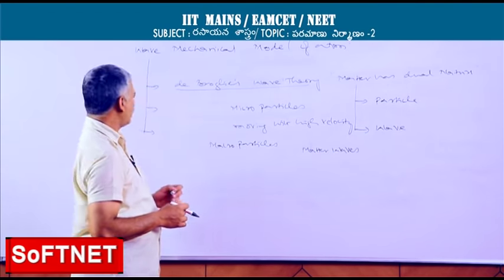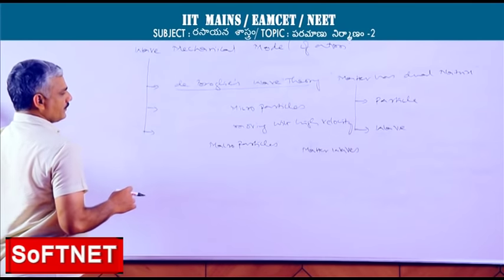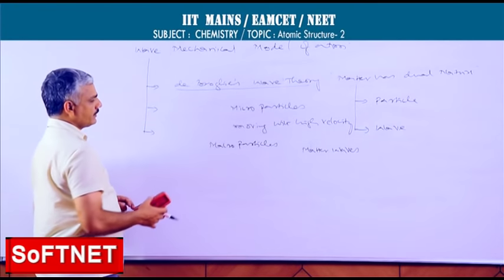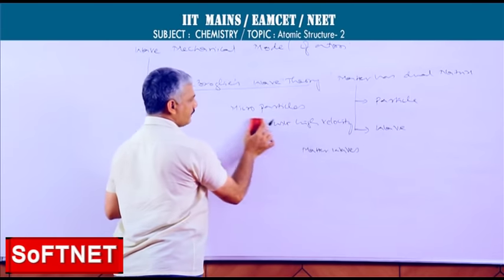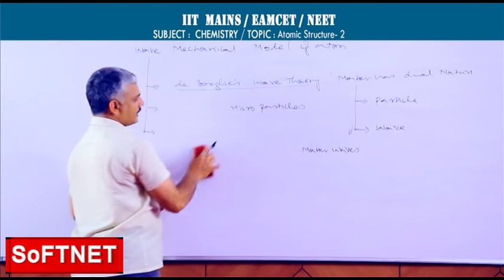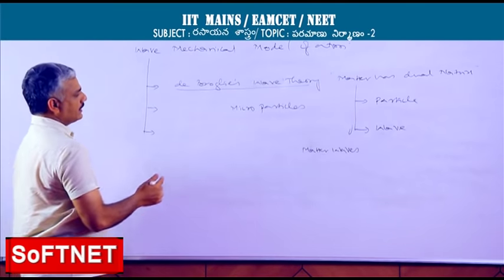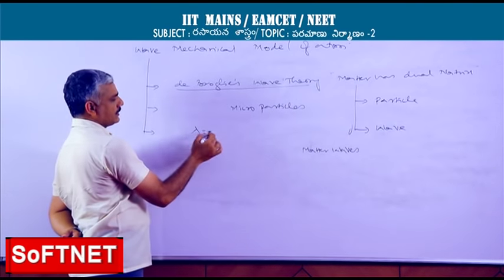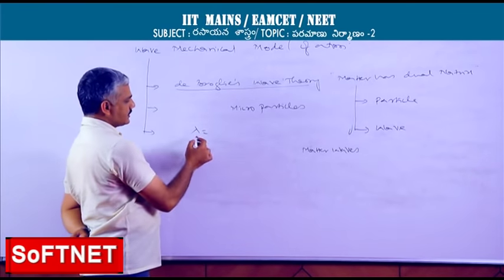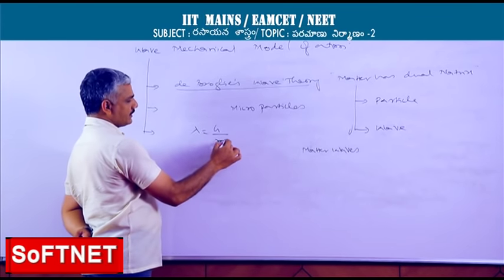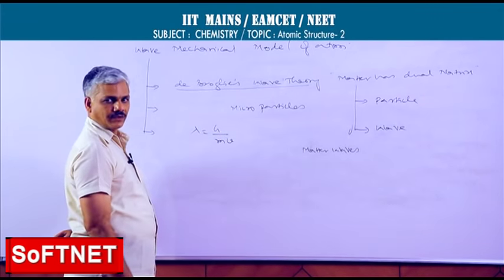So when you are saying a wave, it will have wave properties. One of the wave properties is wavelength. To calculate the wavelength of matter waves, de Broglie has given a relation called de Broglie's equation, which is represented as lambda is equal to h by mv.